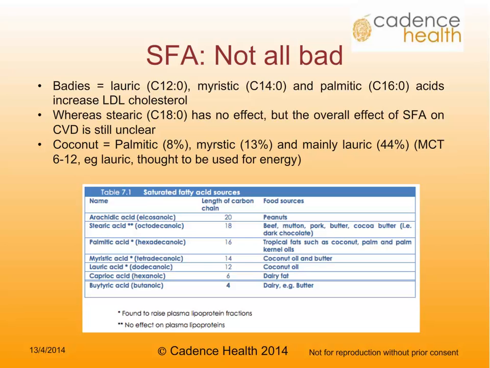And these are all thought to increase LDL cholesterol, low density lipoprotein cholesterol, which is said to be the bad cholesterol because it tends to deposit fat into our vessels and leaves it there waiting for the HDLs to come and mop it up. So what we can see from those is that all of those fats are slightly shorter chain saturated fatty acids. They range from C12 to C16, whereas stearic acid is a C18 and is thought to have very little effect or a neutral effect on blood cholesterol, blood lipids.